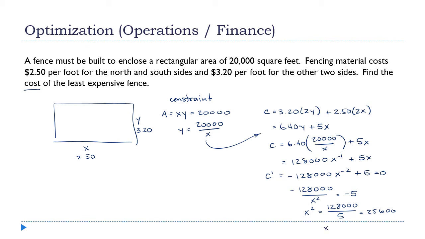And then take the square root of both sides. X is equal to, let's see, the square root of 25,600. That came out nice. X is 160 feet.